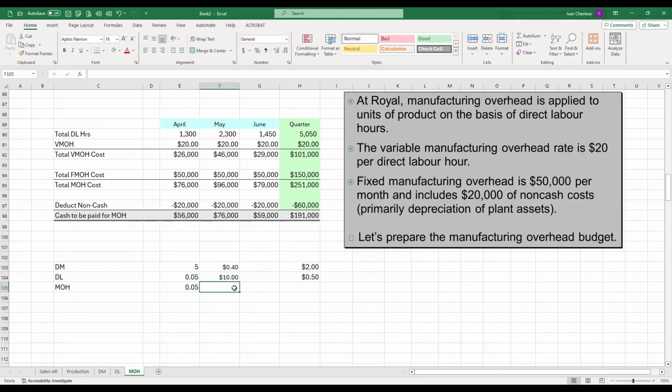Now we have to find the predetermined manufacturing overhead rate. How can we find that rate? We know that the predetermined manufacturing overhead rate is equal to the total estimated cost divided by the total allocation base.